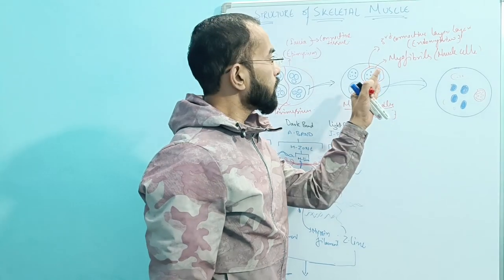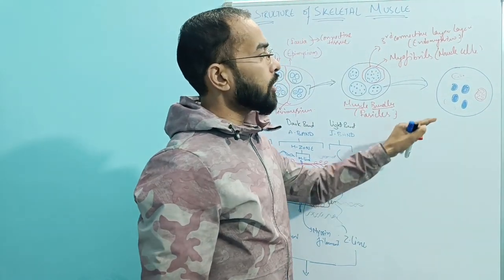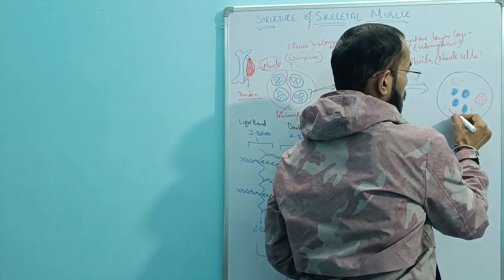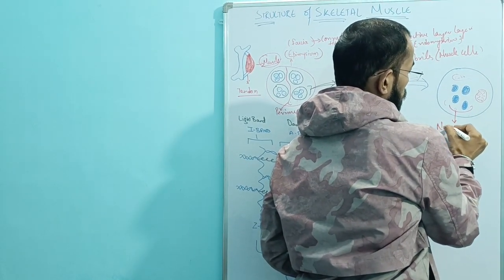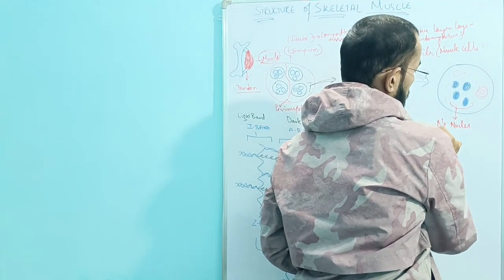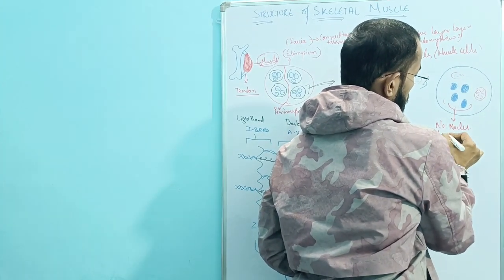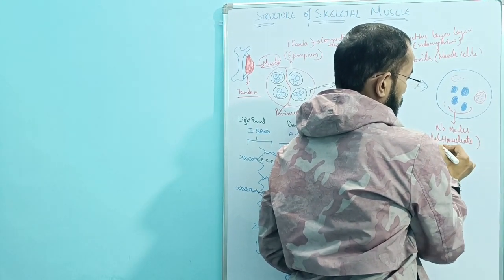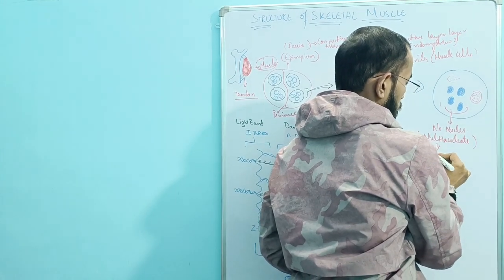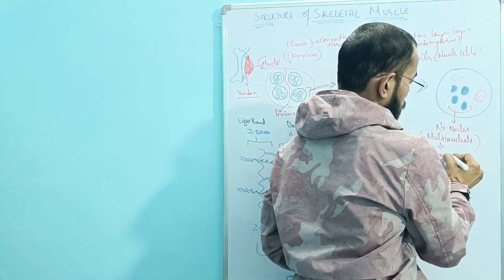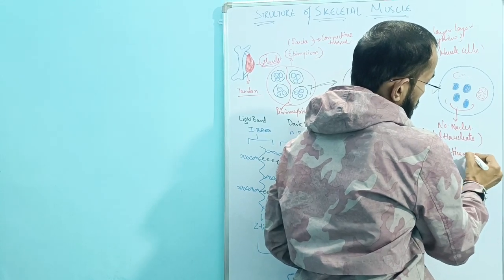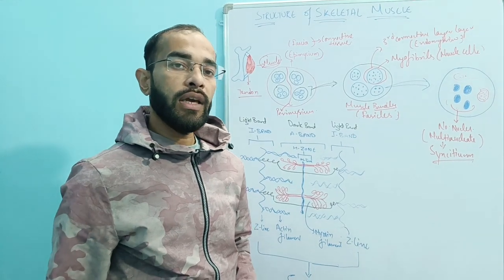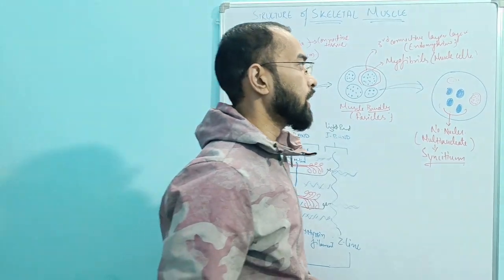When we magnify one myofibril or one muscle cell and look inside it, we find that there are a number of nuclei. That is, it is a multinucleate condition. We simply call it syncytium. Syncytium is that type of multinucleate condition which is formed when karyokinesis is not followed by cytokinesis.